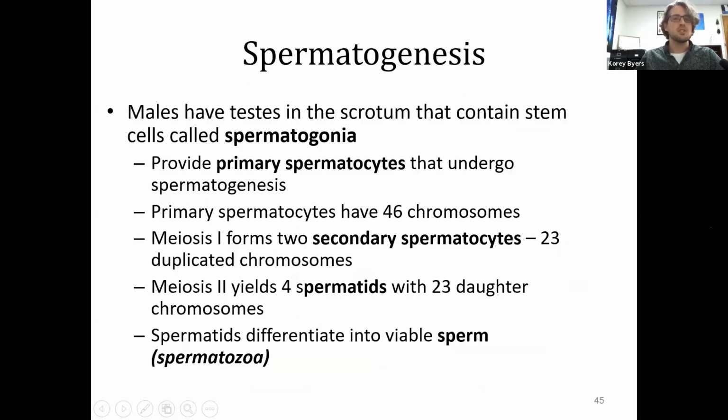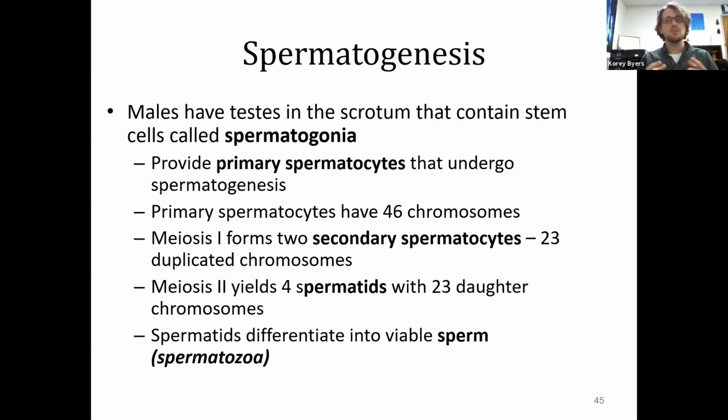In spermatogenesis, the spermatogonia are special stem cells that occur in the testes that provide primary spermatocytes. These primary spermatocytes undergo spermatogenesis, and so go through mitosis. They have 46 chromosomes.